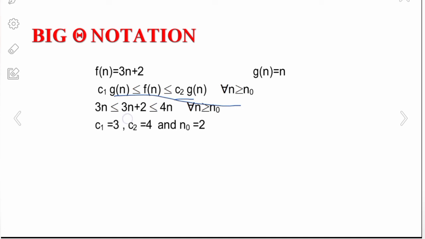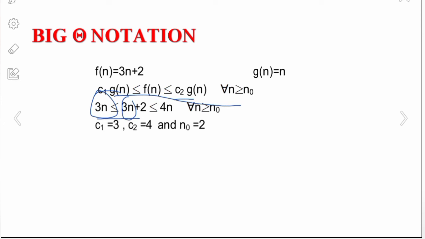Here 3 is less than or equal to 4 and 3 is less than or equal to 3. So we have to consider this highest value here. So 3 is less than or equal to 3. This will get satisfied, and c1 equals 3, c2 equals 4 and n naught equals 2. Right? If you substitute this formula, then you will get this answer. So this is about how we can write the formula for the theta notation.